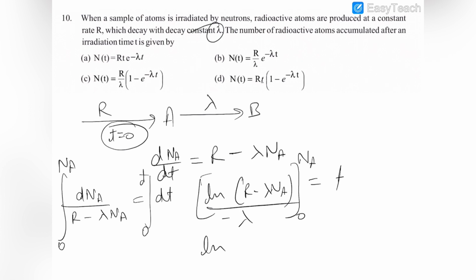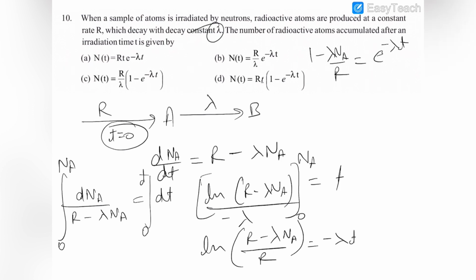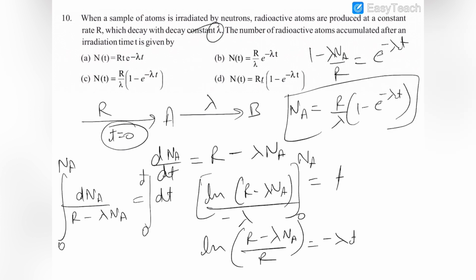So ln of R minus lambda NA upon R is equal to minus lambda t, and this is 1 minus lambda NA by R equal to e to the power minus lambda t, and NA will be equal to R by lambda into 1 minus e to the power minus lambda t. So this is the value of NA at any time t. So the correct answer would be option number C. Now we move on to the next question.